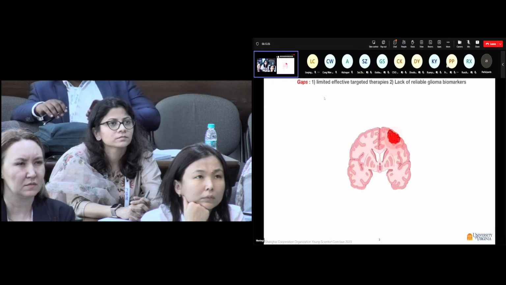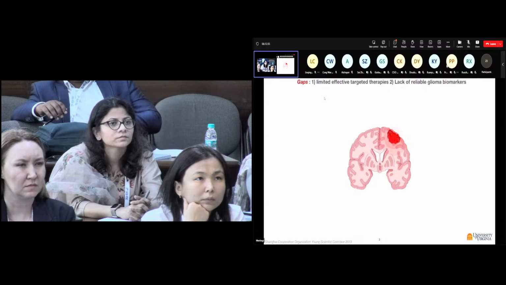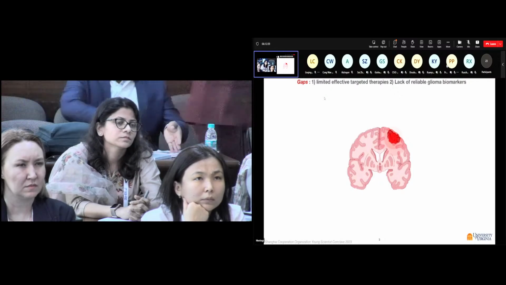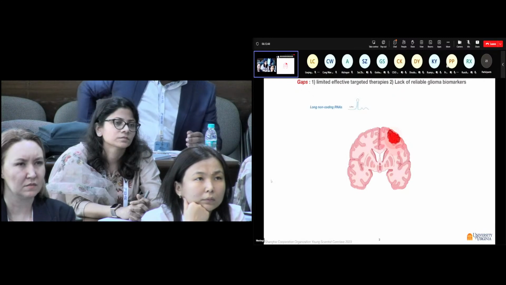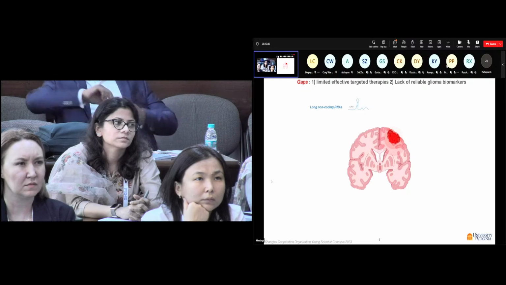Therefore, glioma presents a critically high unmet clinical need for effective therapeutics and biomarker discovery. During my postdoc at University of Virginia, we have worked on several biomolecules which can be biomarker for glioma patients. Long non-coding RNAs are transcripts longer than 200 bases long with almost no coding potential.